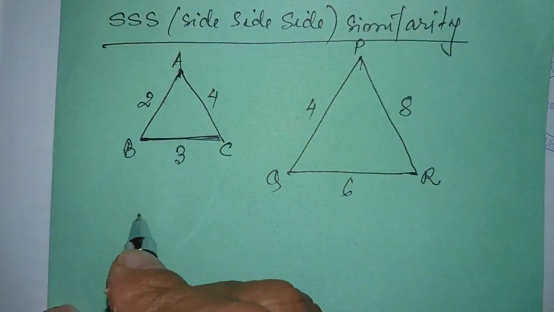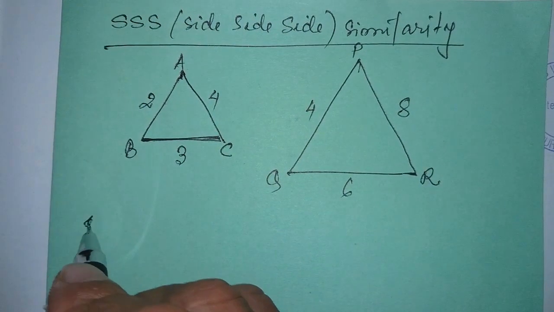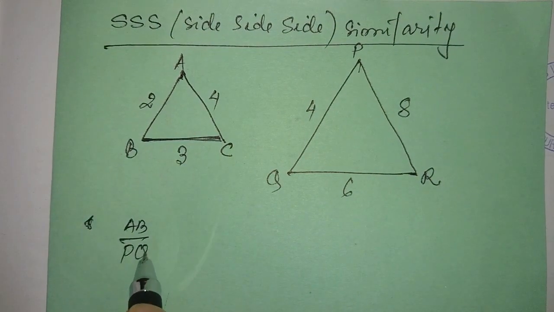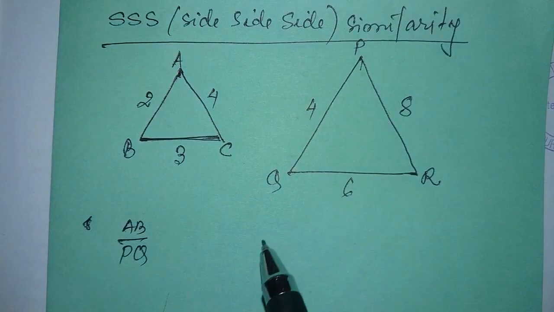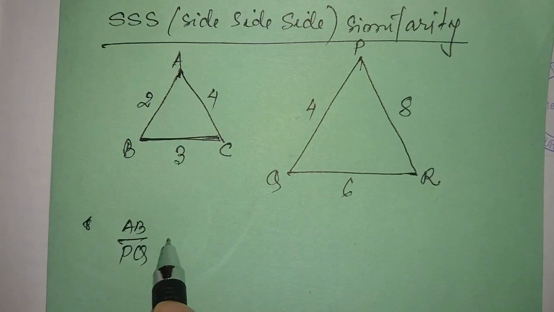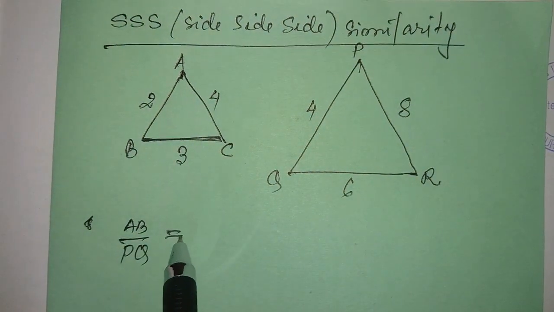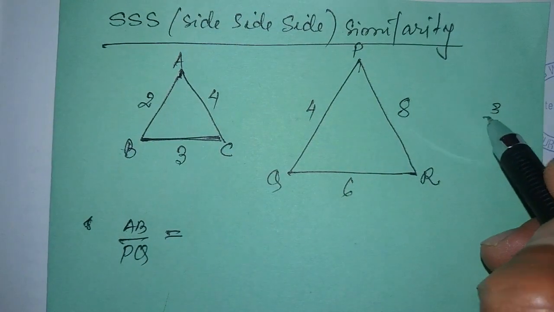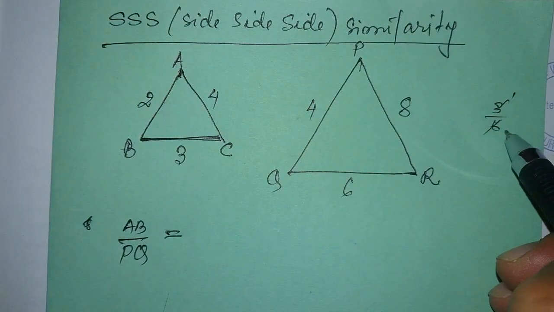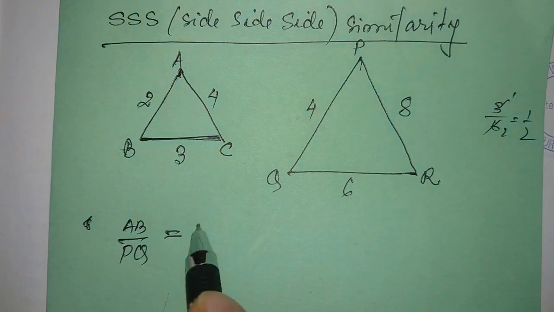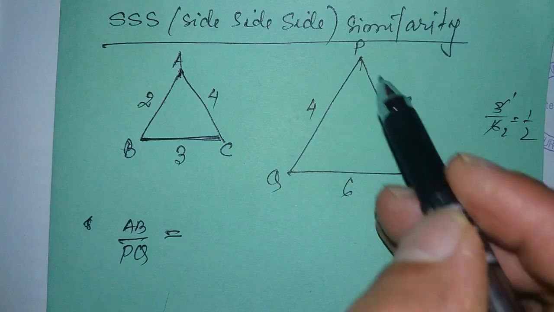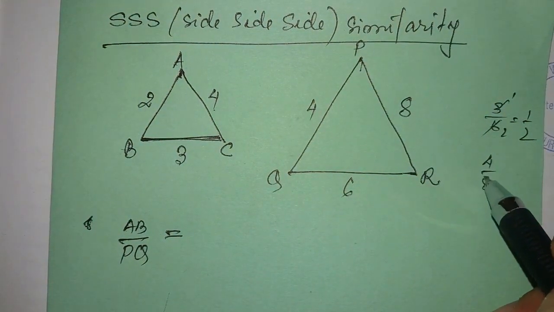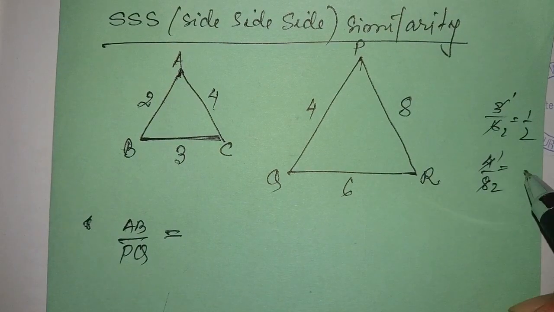Now here AB by PQ is 2 by 4, which is 1 by 2, and BC by QR is 3 by 6, which is also 1 by 2, and AC by PR is 4 by 8, which is also 1 by 2.